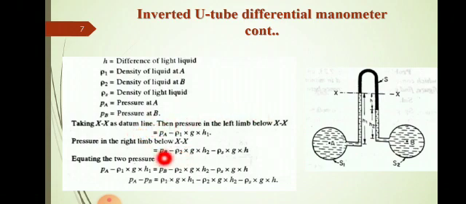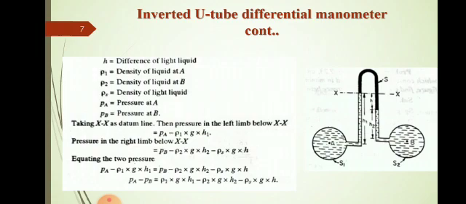PB, which is already there, PB minus rho 2 GH2 minus rho S GH. I hope this step is clear. PB is the pressure at the center of the pipeline B, rho 2 GH2 is the pressure due to H2 height of the liquid in the pipeline, and rho S GH is the pressure due to the manometric fluid for a height of H. So we can equate the two.